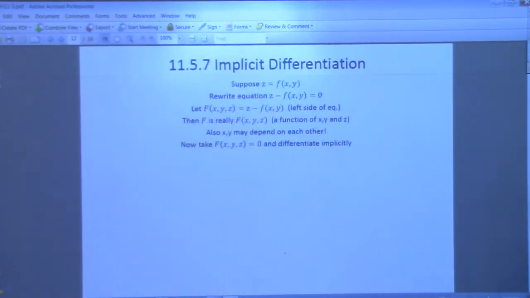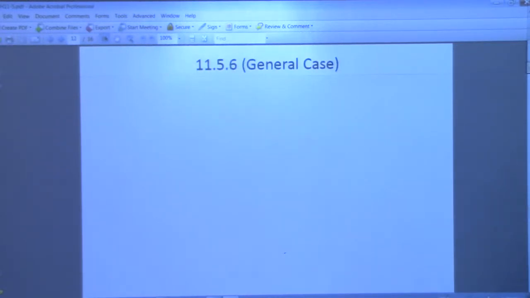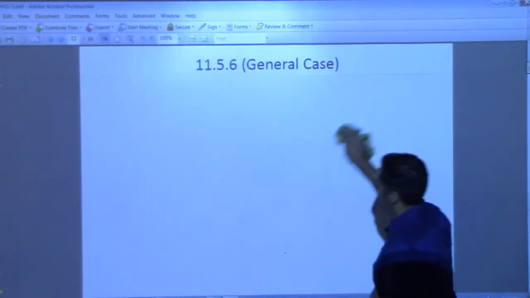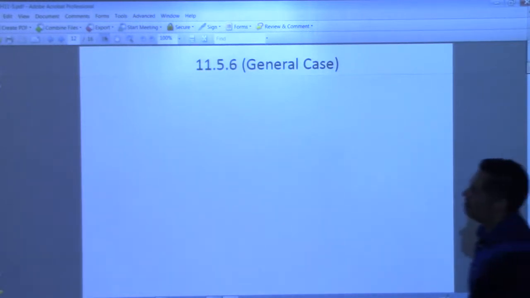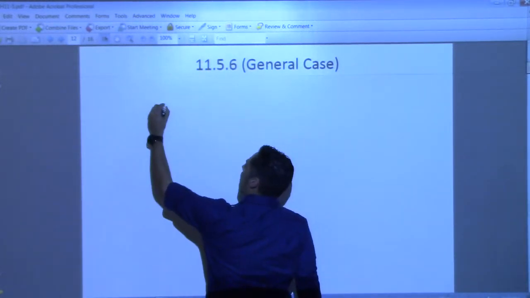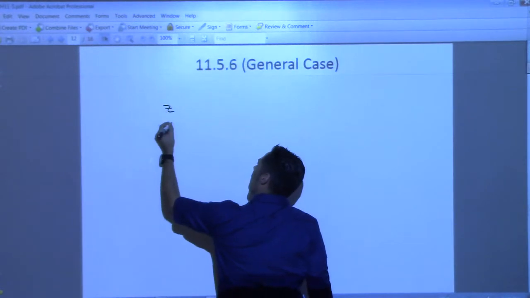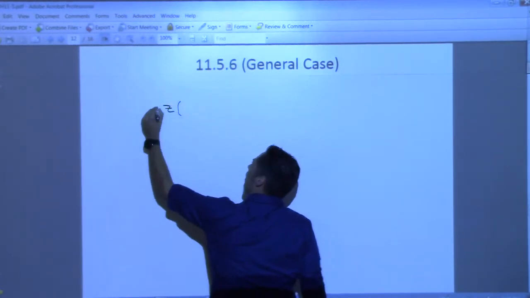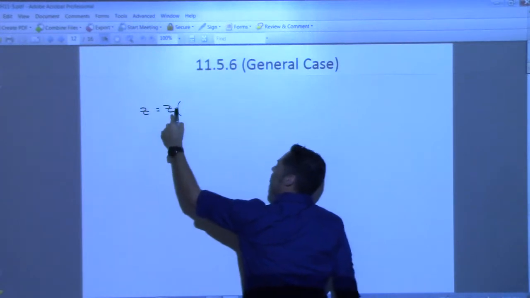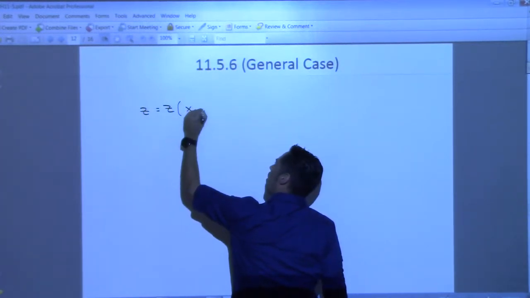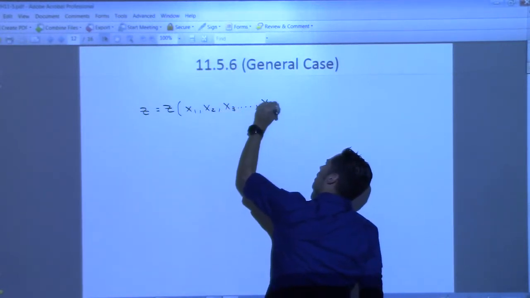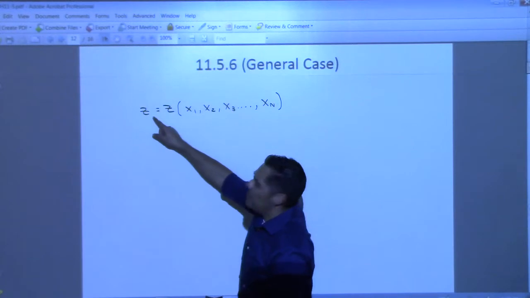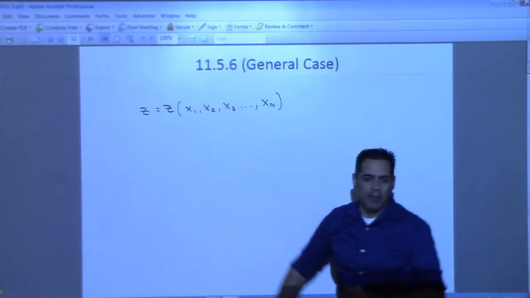So the general case. See if we can make any sense out of this. Let's say that we have z is some function of x1, x2, x3. Let's say that z is a function of n variables.